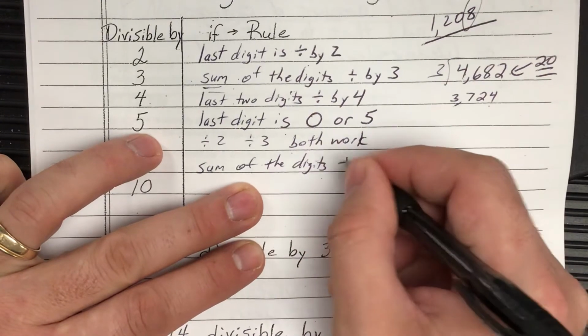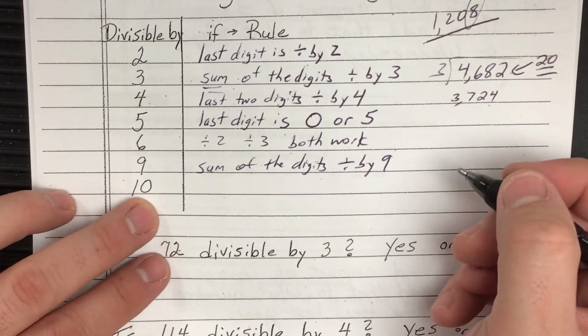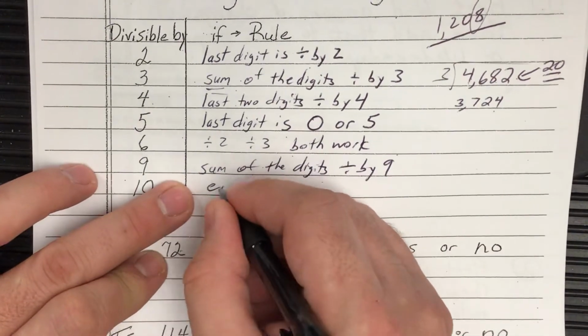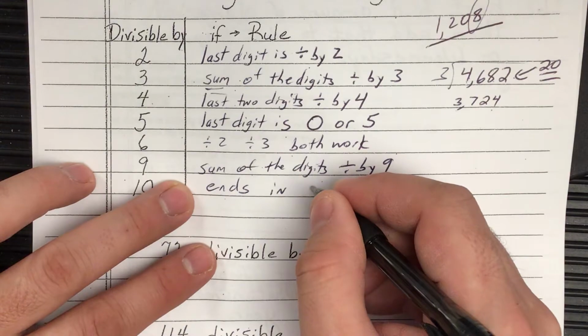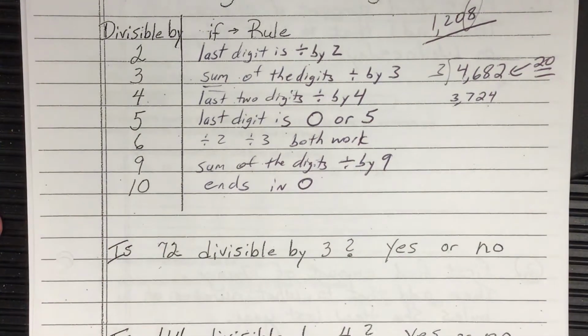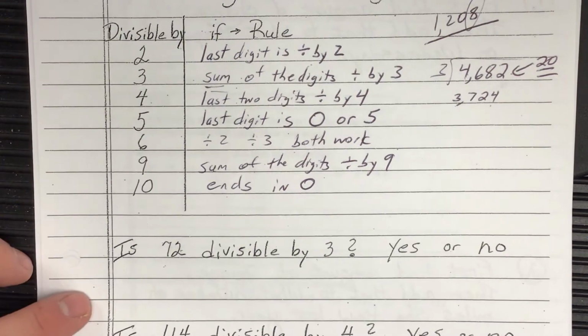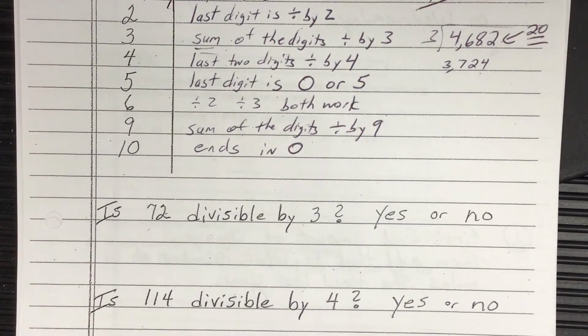Sum of the digits divisible by 9. And how do we know if 10 goes in a number? Ends in 0. All right, again, those rules are going to help save you some time here.